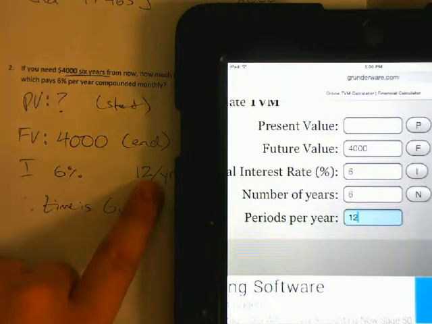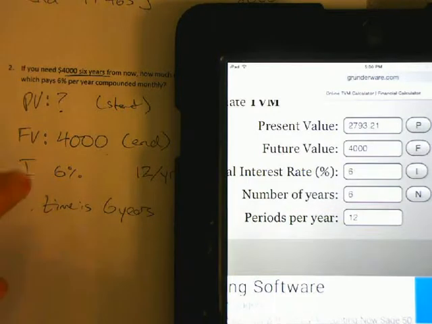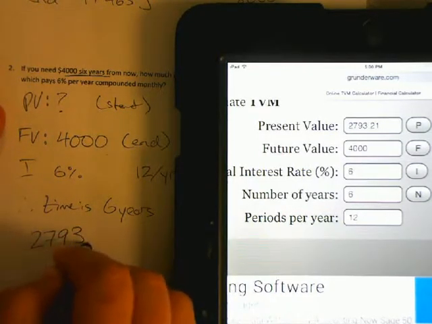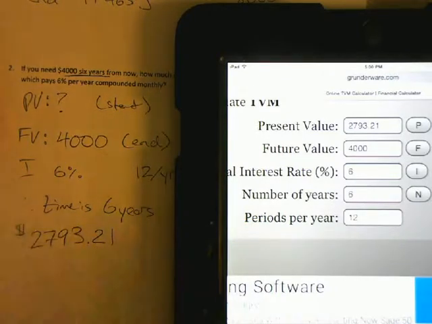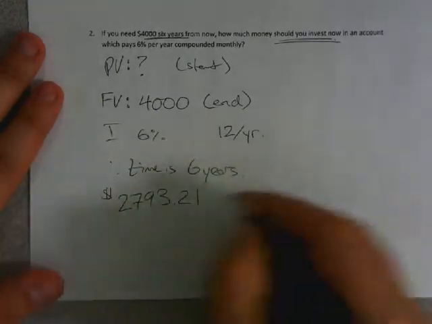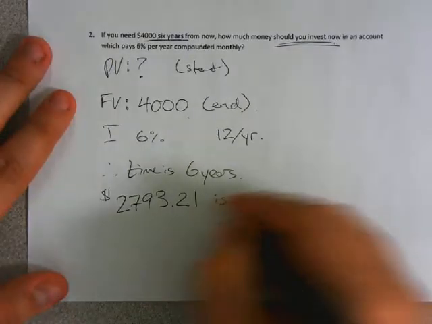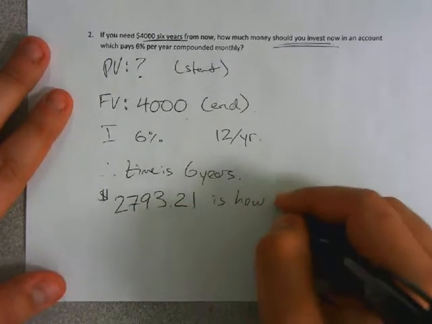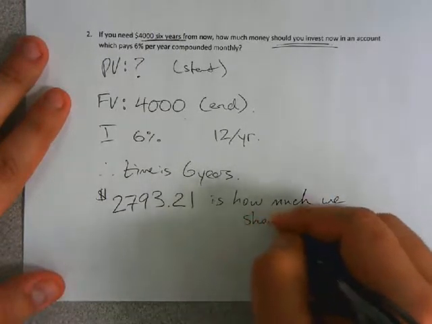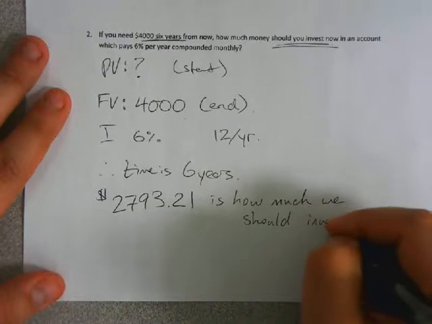And what I'll do is calculate the present value just by hitting that P, and that's what I need to invest right now. So I need to invest $2,793.21, right? So we can write that this is how much we should invest now.